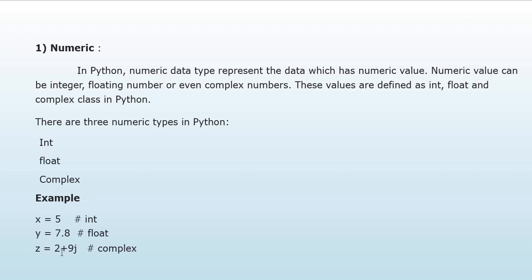And the third one, complex. Complex contains real with imaginary part. Here in this particular example, 2 is the real part and 9 is the imaginary part. So here this z is the complex data type.